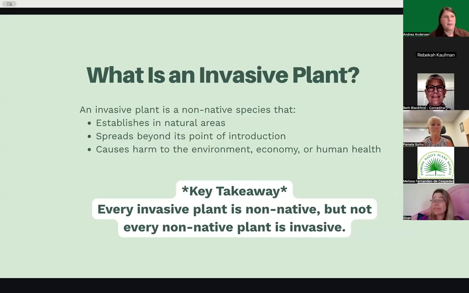It's not simply a plant that grows quickly or is difficult to control in a garden. In ecology, this term has a much more specific meaning. An invasive plant is a non-native species that establishes in natural areas, spreads beyond where it was introduced, and causes harm. And it's harm that separates an invasive species from one that is naturalized.